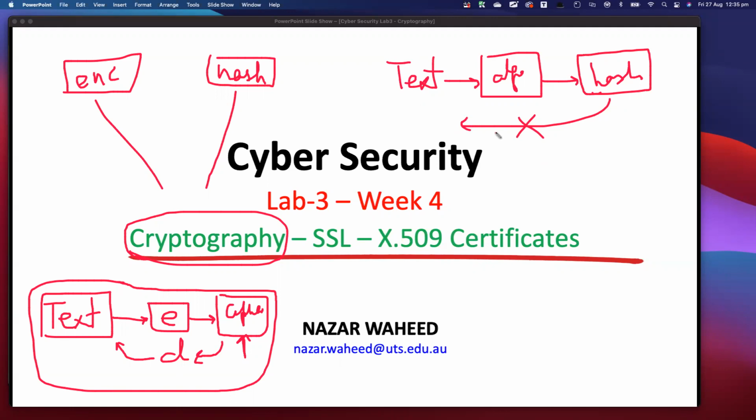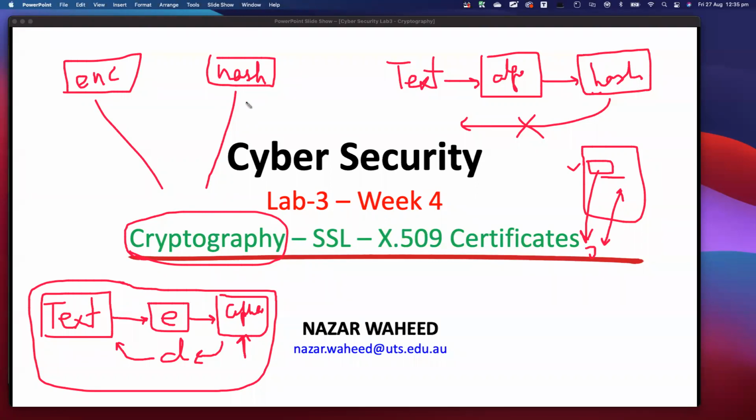For example, you have a file on a website that you want to download, and the provider has also shared the hash with the file. You download the file, create a hash, and compare it with the hash the provider has provided. If they match, it means it's a legit file and has not been tampered with. Mostly hashing is used in that case.